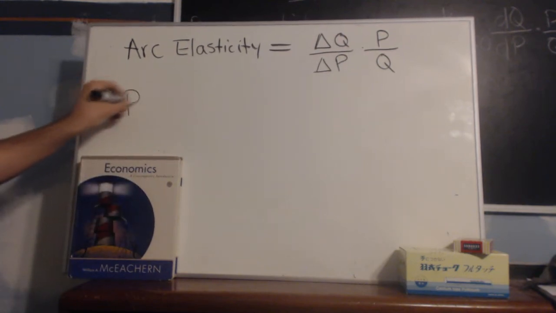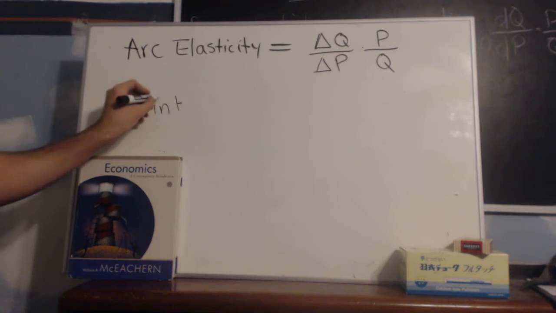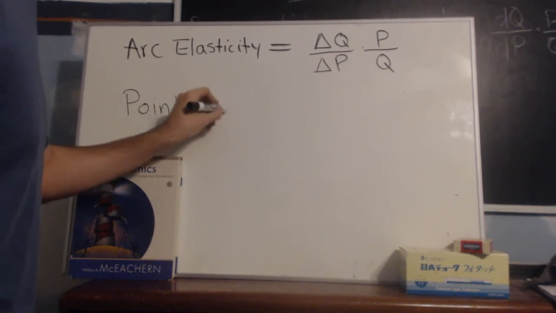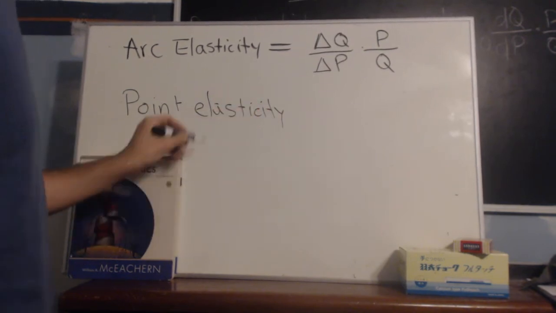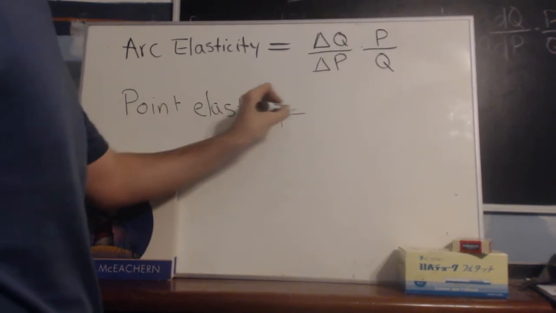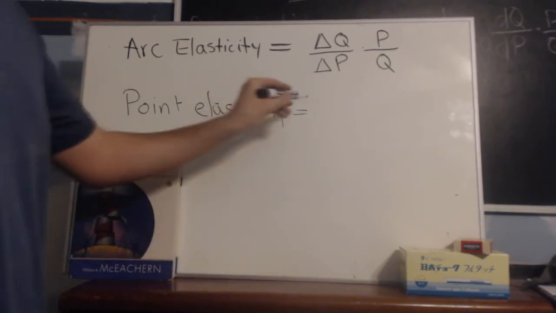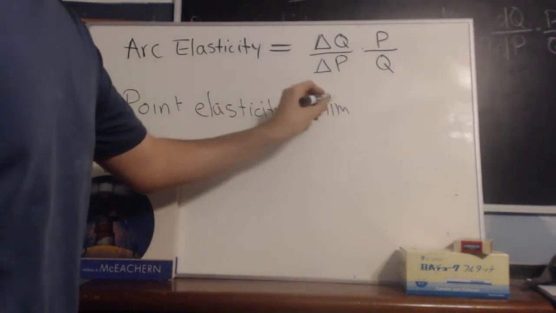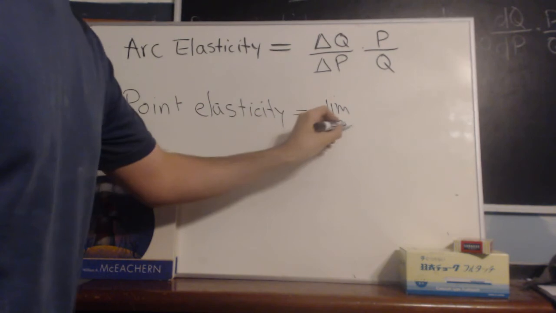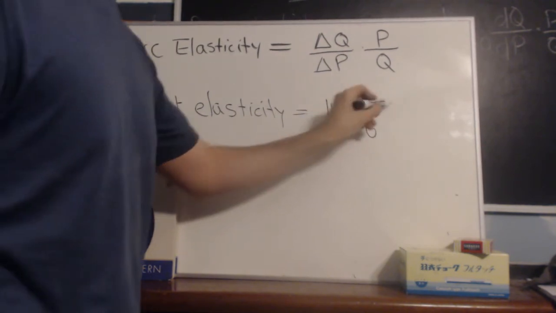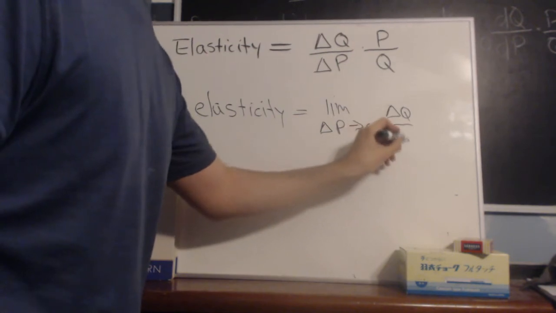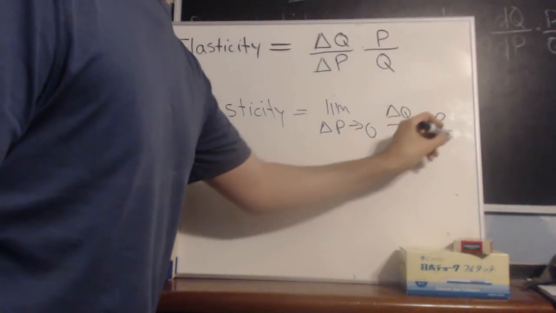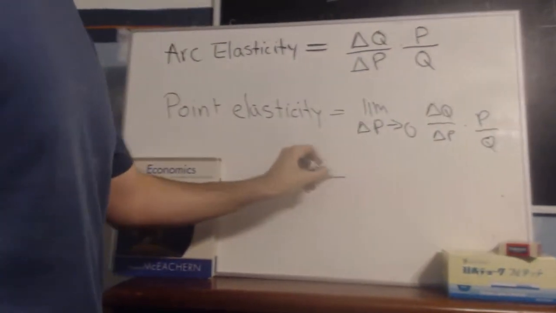And the point elasticity uses the ideas of calculus, specifically the limits and the derivative. So what you do is, you might expect this, you just take the limit as the change in price approaches 0 of delta Q over delta P times P over Q. And what does that equal?